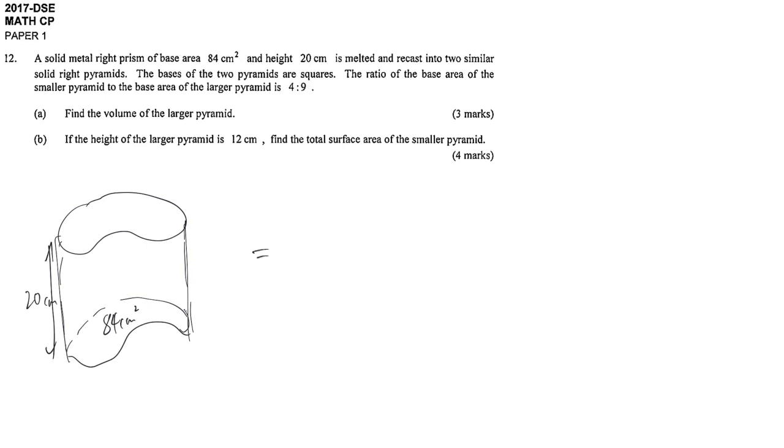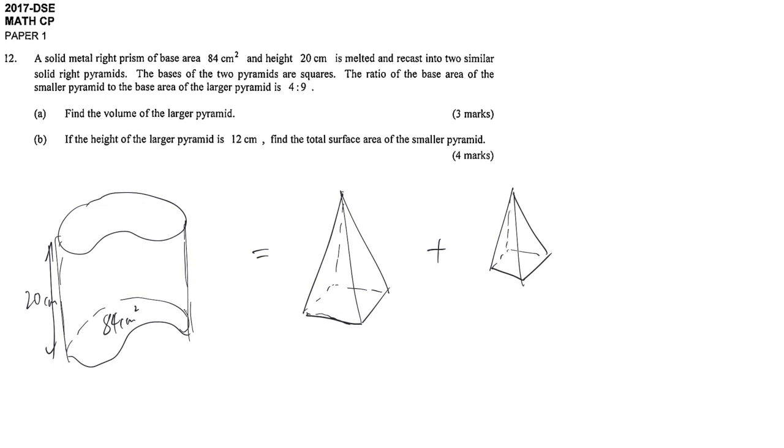And then we cast it into two similar right pyramids with a square base. So the pyramid may be like this, and similar means we have one more, maybe a smaller one, but make sure that they have the same shape.